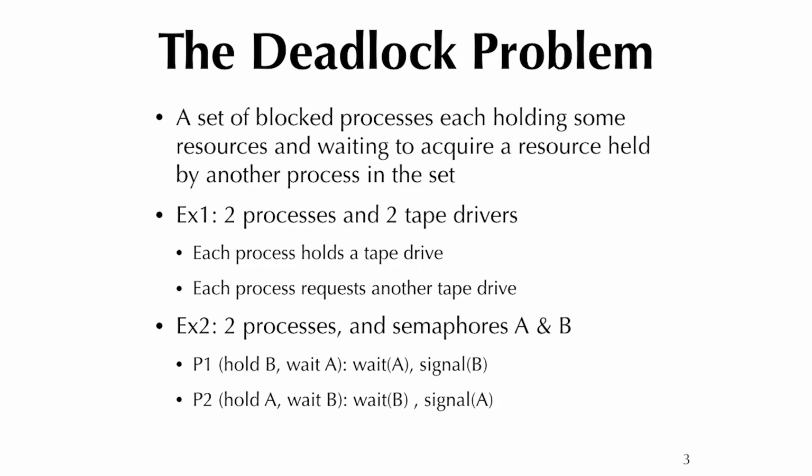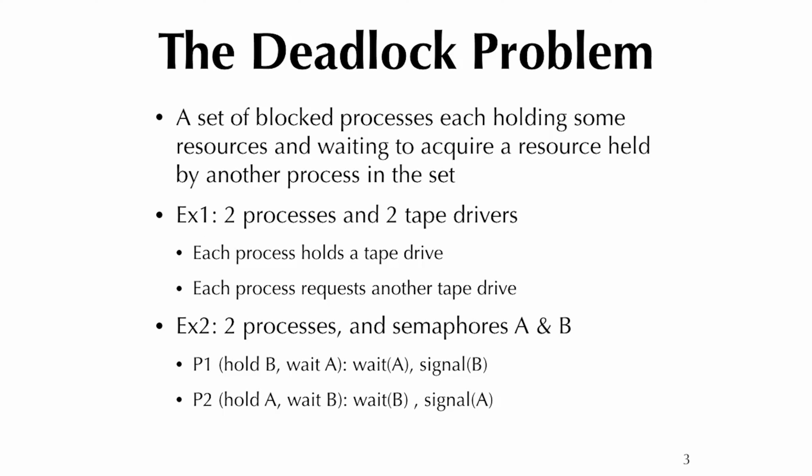Maybe you pipeline them. And maybe two processes want to do either the same or maybe the opposite. Maybe one wants to copy from tape drive 1 to tape drive 2, the other the other way around. And so they acquire in an order that happens to cause the circular dependency.